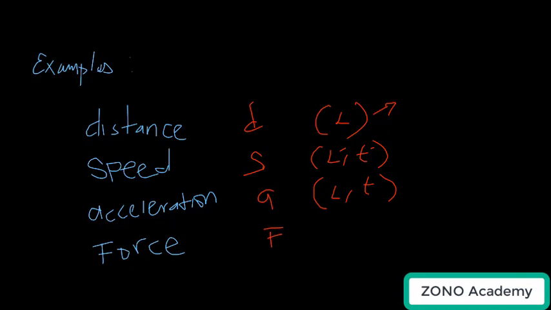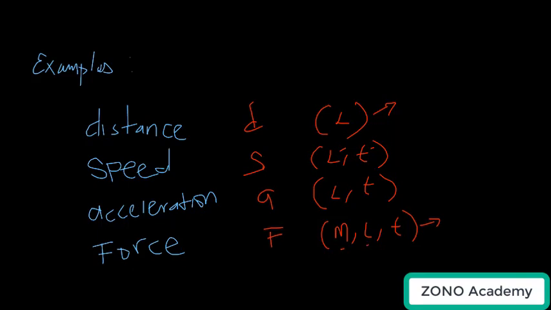So the force is now a combination of mass, length, and time. So we can see rule number 3 being applied in deriving this derived physical quantity force, where we combine mass, length, and time all together.